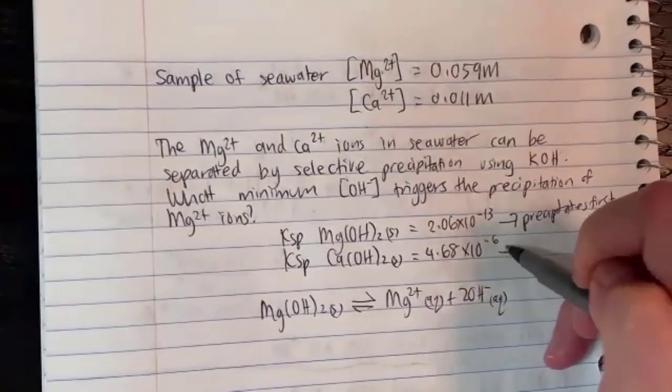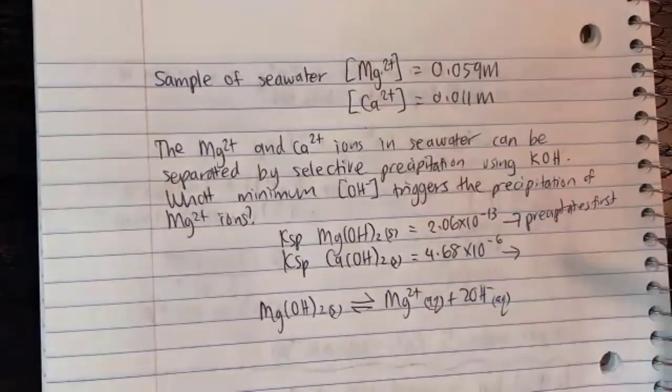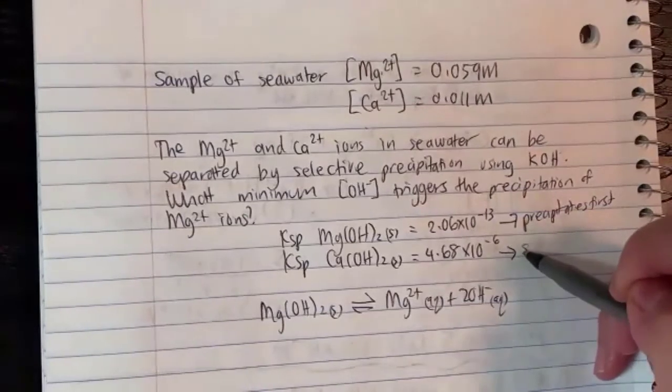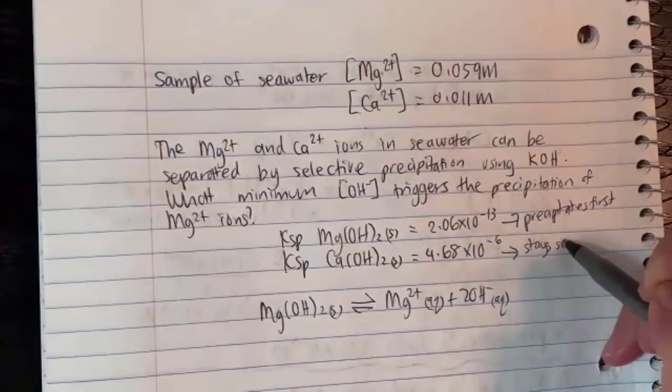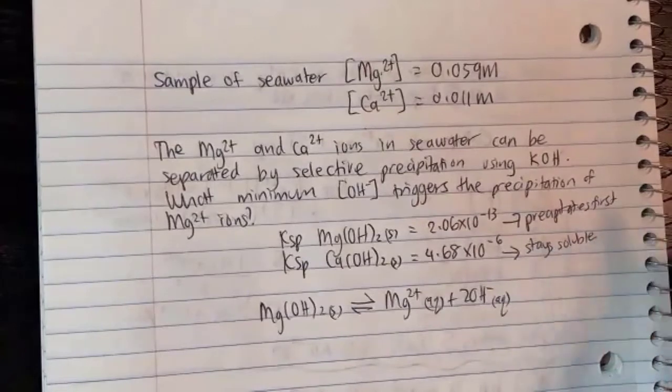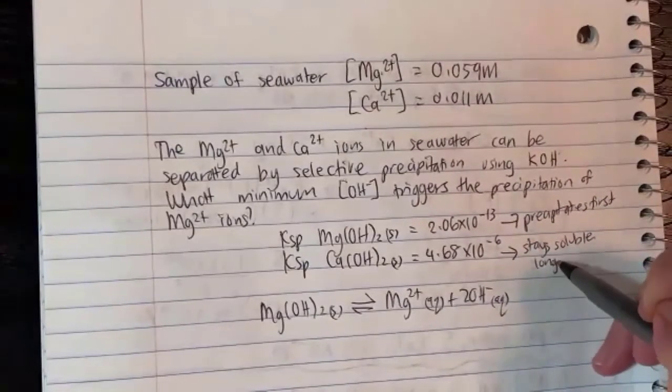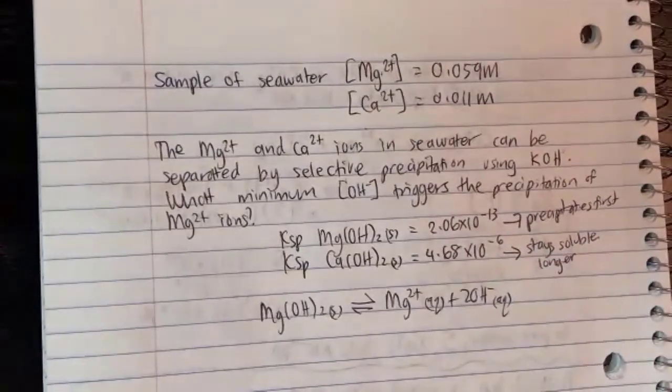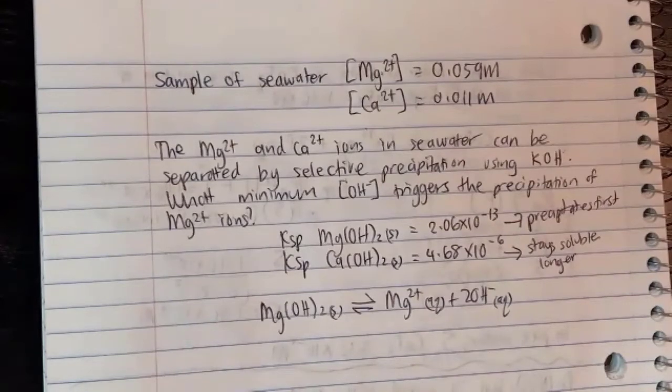This one here, because it's a bigger number, has a lot more ions at equilibrium, so it stays soluble. It doesn't precipitate yet, it stays soluble a longer time compared to Mg. So you can put in some amount of hydroxide and Mg is going to come out first as MgOH2. And then eventually calcium will come out too, okay, but it will be a lot later.